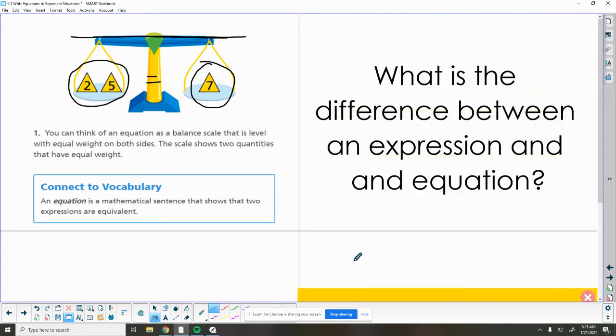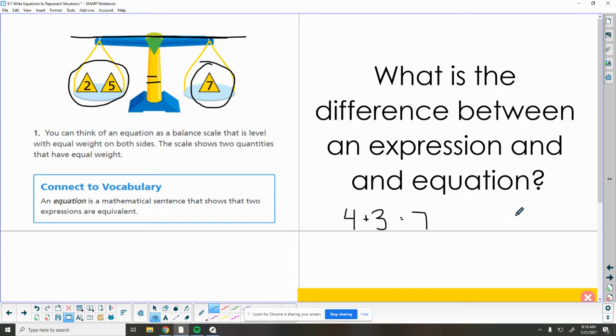So I want you to think about what is the difference between an expression and an equation. So take a second and think about that. So an expression is just the problem. So if I have 4 plus 3, that's what I'm doing. I have 4 apples and I got 3 more. I can also say that that is equal to 7.